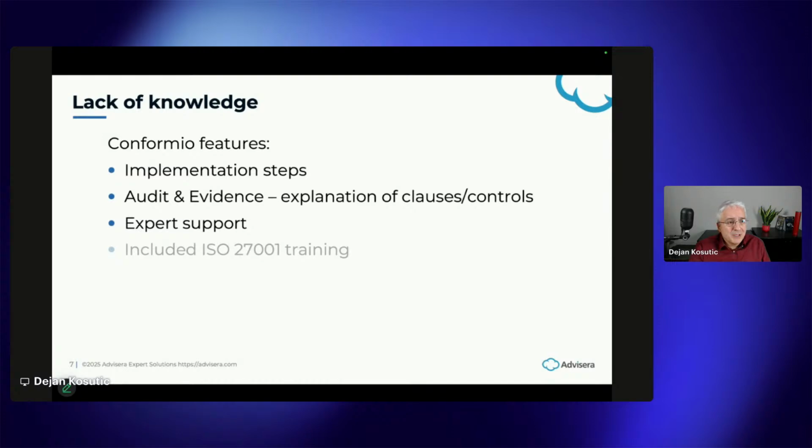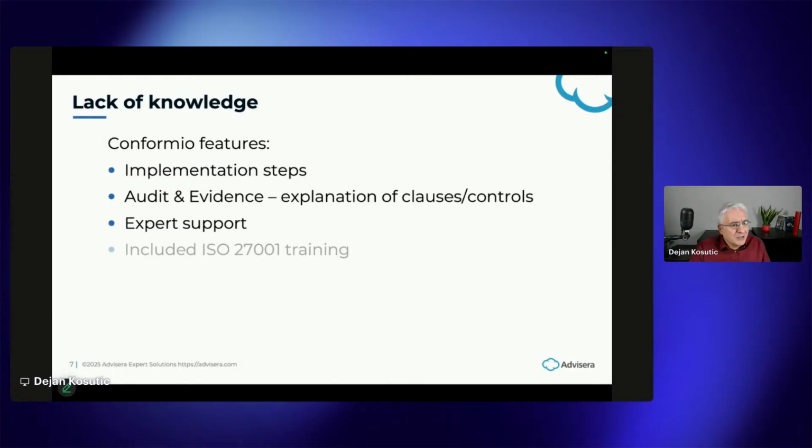Typically, people ask: is this particular type of scope appropriate for my company? Should I go for the whole company or only part of the company? They ask about risk assessment, what kind of assets they need to take into account, how to deal with suppliers. All of these questions are typically something they discuss with our experts.